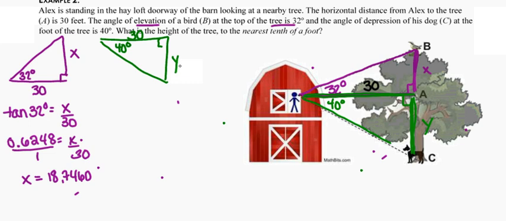So in the green triangle, y represents the side opposite my angle. 30 is the adjacent side. So again, the trig ratio dealing with opposite and adjacent is the tangent ratio.